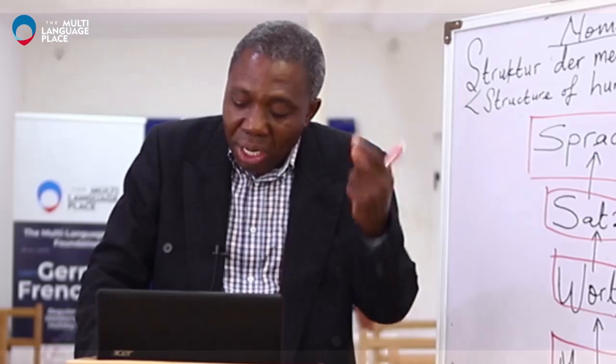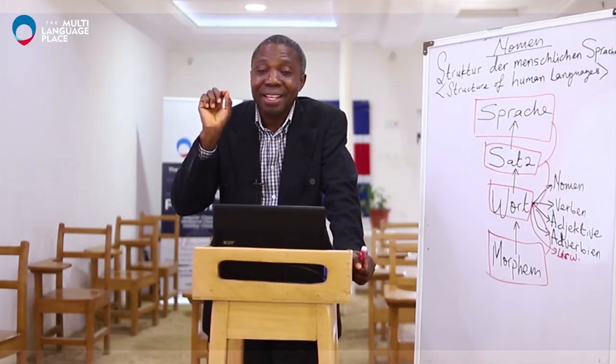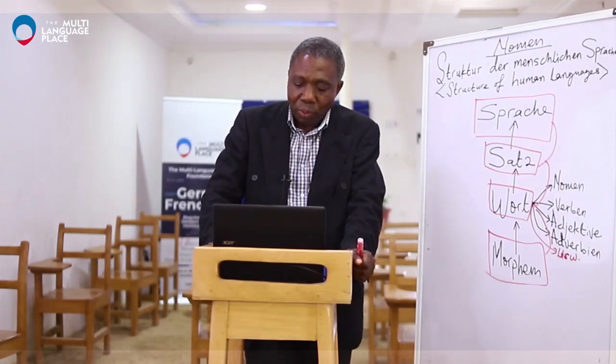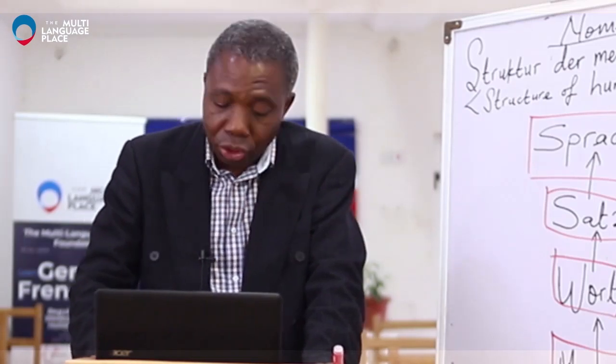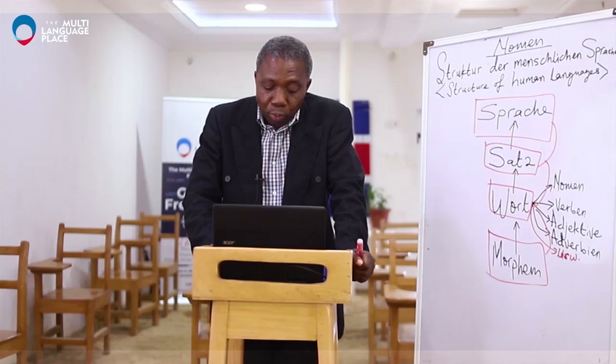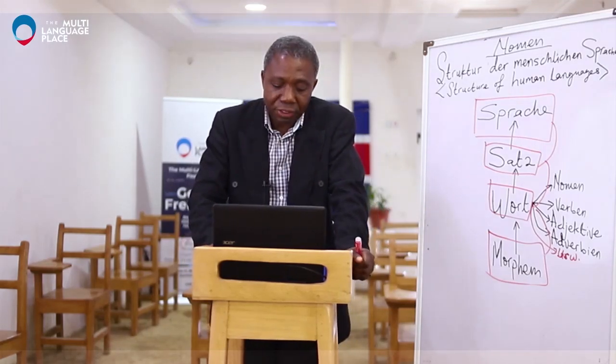While English has only one marker for the definite article, which is the, German has three different gender markers. Der, die, das. We're going to talk more about the article later. Not only that, we need to learn the plural form of nouns. We're going to get to that very soon.